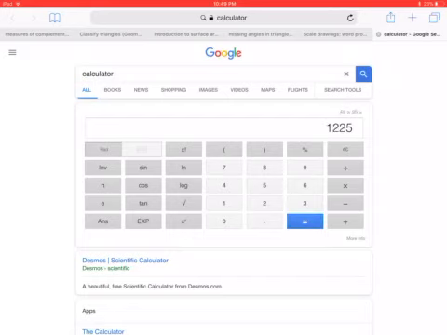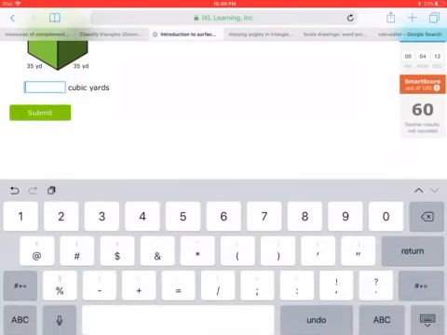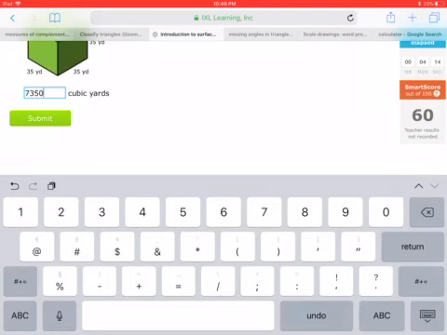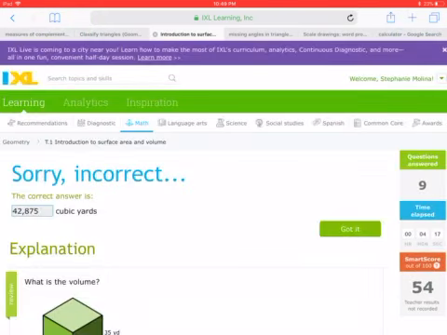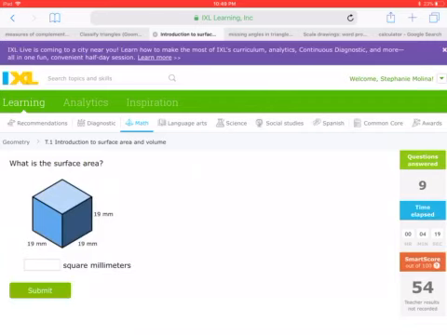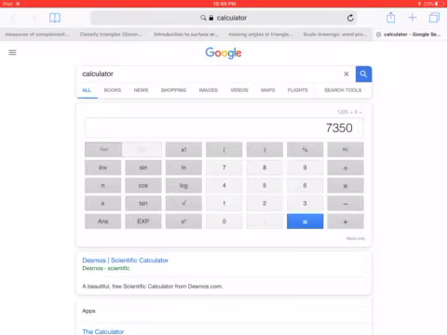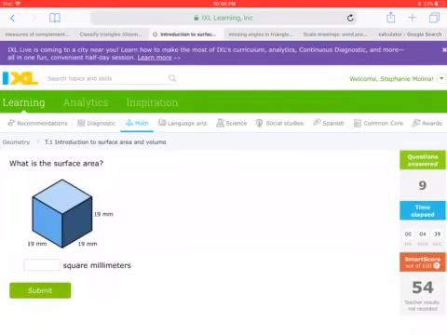How many sides? 6. 7,350. Oops. Oh, yay. It's asking for surface area. That was my issue. So I have 19 times 19 times 6, because there's 6 sides. 2,166.